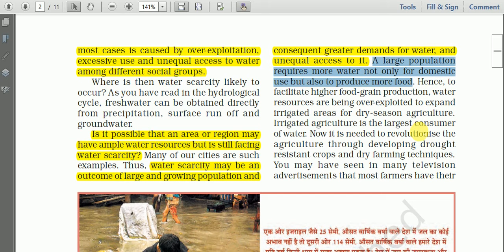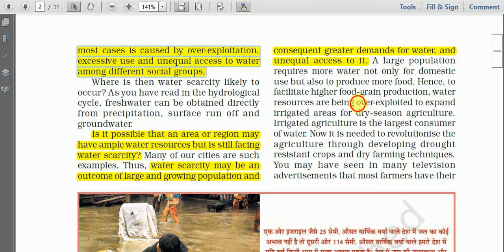We also require water for agriculture to increase food production. And here it is mentioned, to facilitate higher food grain production, water resources are being overexploited to expand irrigated areas for dry season agriculture. We have come across this term here, overexploitation.